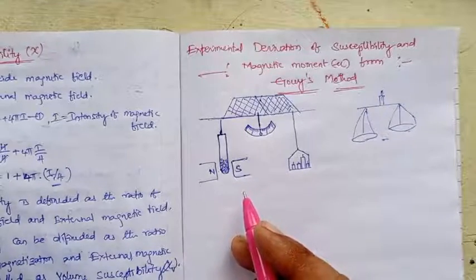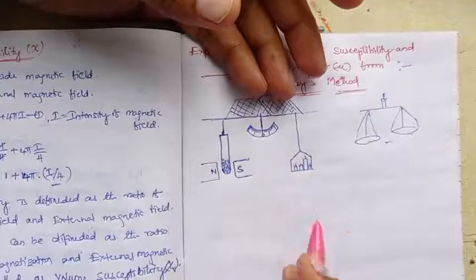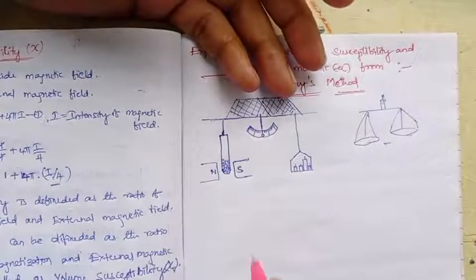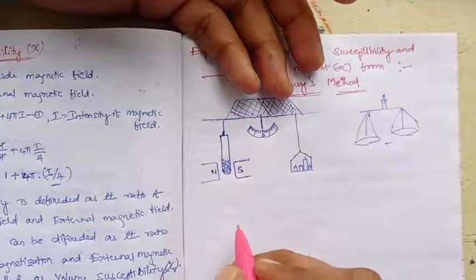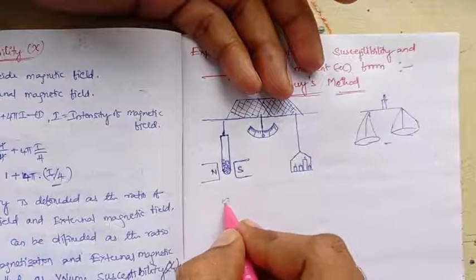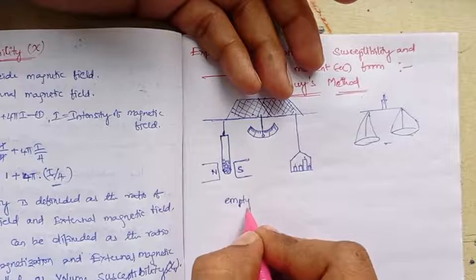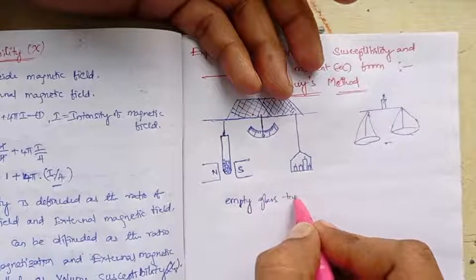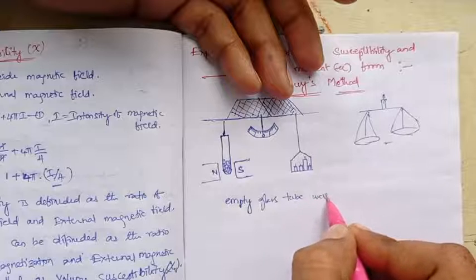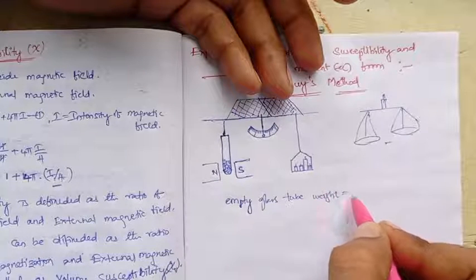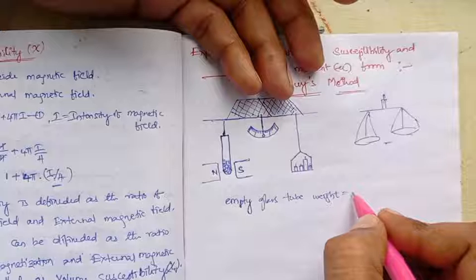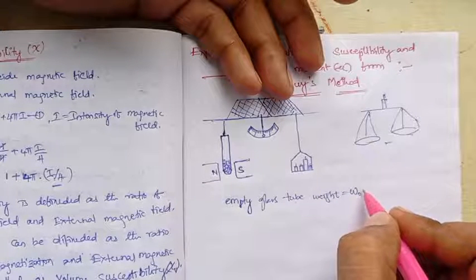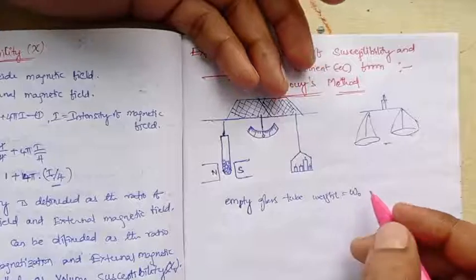That is how the operator works. With this, what we will do is, initially we will weigh the empty tube, right? The empty glass tube weight we will take, without field and with field.